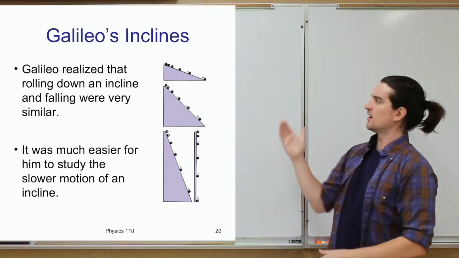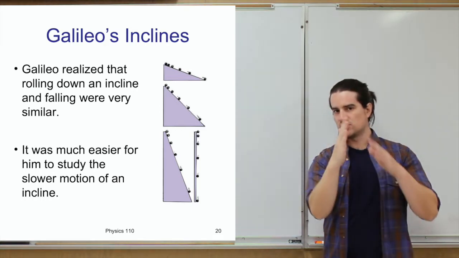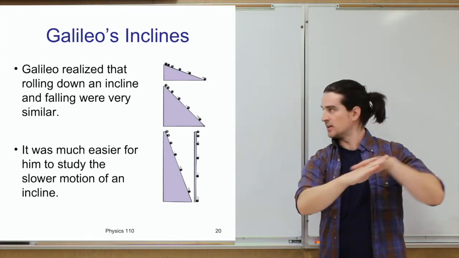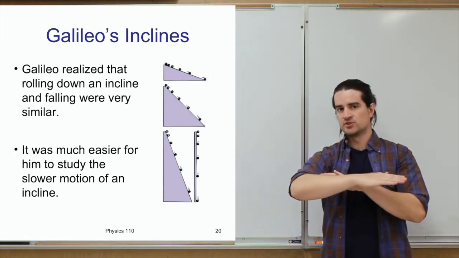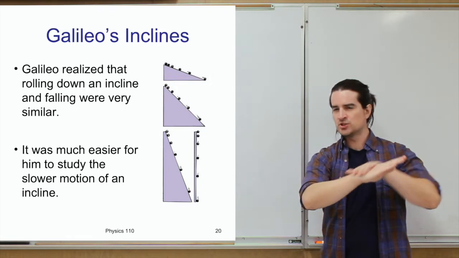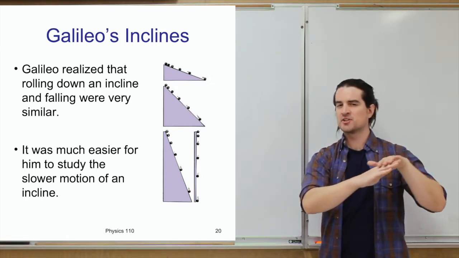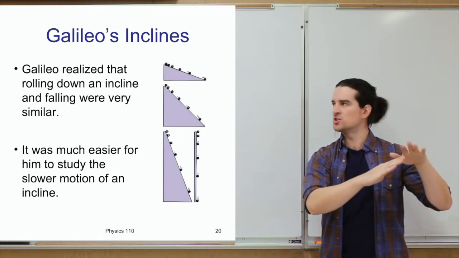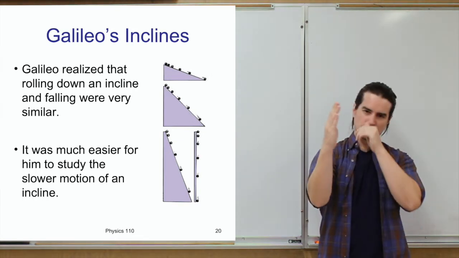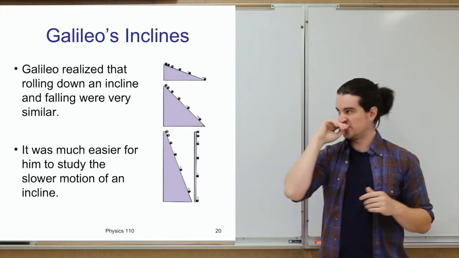Right? However, he realized that if he rolled balls along these inclined planes, these different angles, the motion was essentially analogous. It was the same sort of motion, except the acceleration was less overall. So it was still a constant acceleration, it's just less if it was moving on this plane like this.